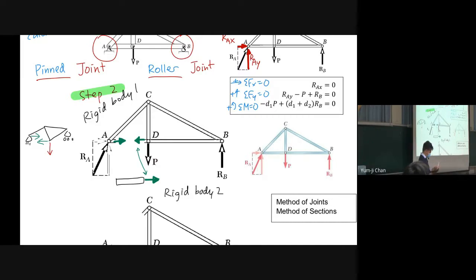If we have one force acting to the right on point A, it means we have a force acting to the left on rigid body 2.